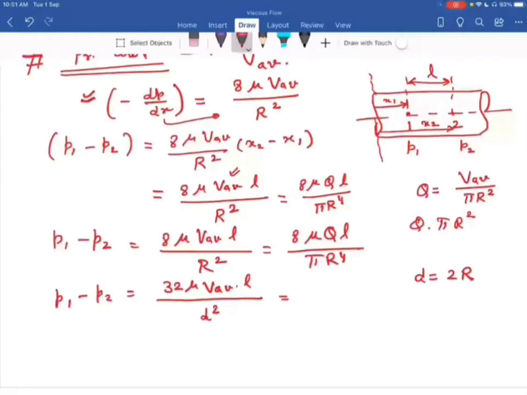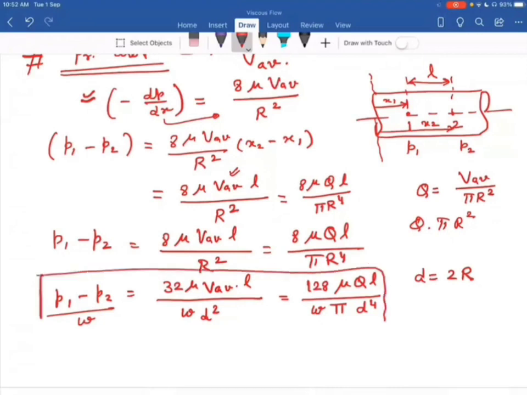Here we have R raised to power 4, so in terms of diameter, I can write it as 128 mu Q L divided by pi D raised to power 4. For pressure head, I divide all these terms by W.